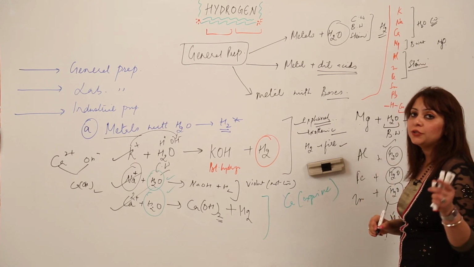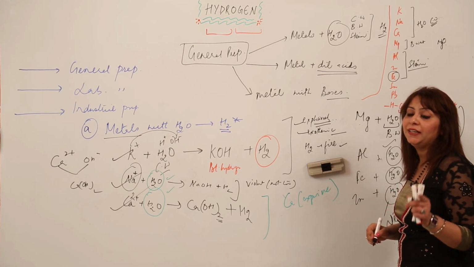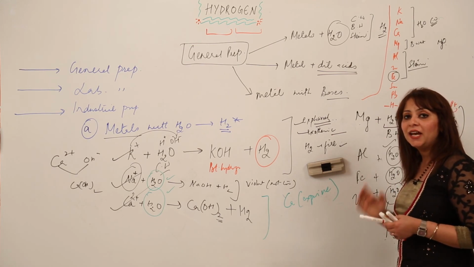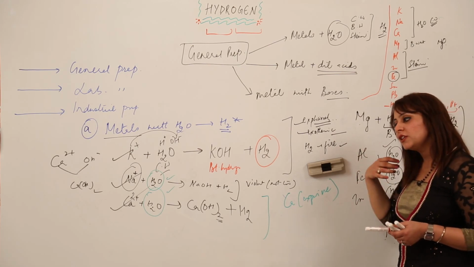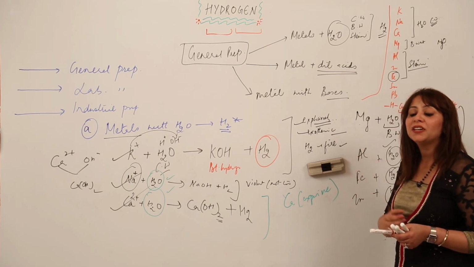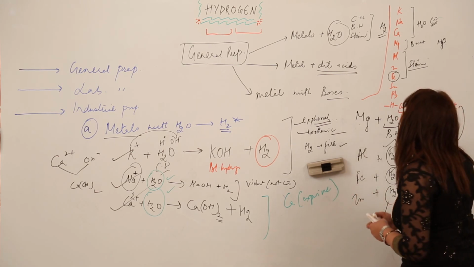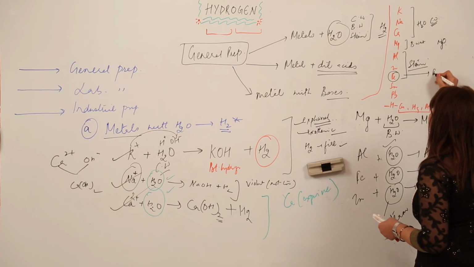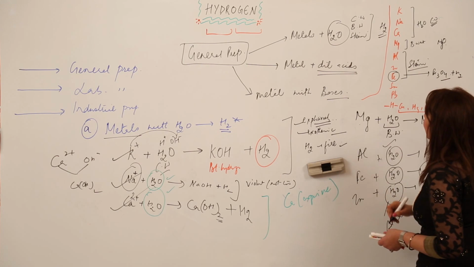And I told you, you need to remember that iron, instead of forming the ferrous oxide, forms the ferric oxide. I am repeating this again and again because this is the major mistake you all make. You have to form the oxide, but instead of forming the ferric oxide, you all form the ferrous oxide, and that is wrong. Along with this we get H2.